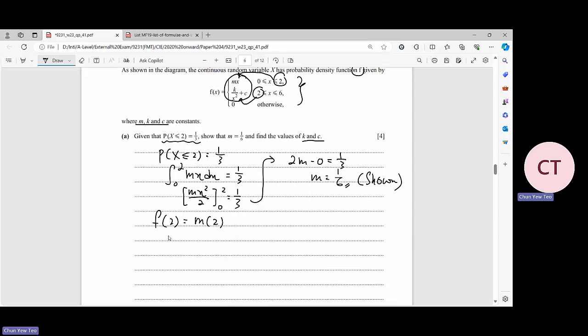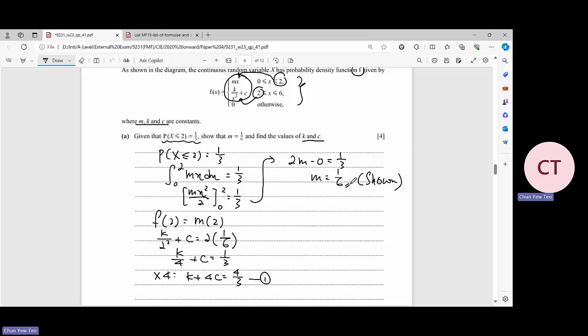So I will have k over 2 squared plus c equal to 2m. But I have found that m is 1/6. So you have k over 4 plus c is equal to 1/3. Multiply by 4, I get k plus 4c is equal to 4/3. That will be my first equation.